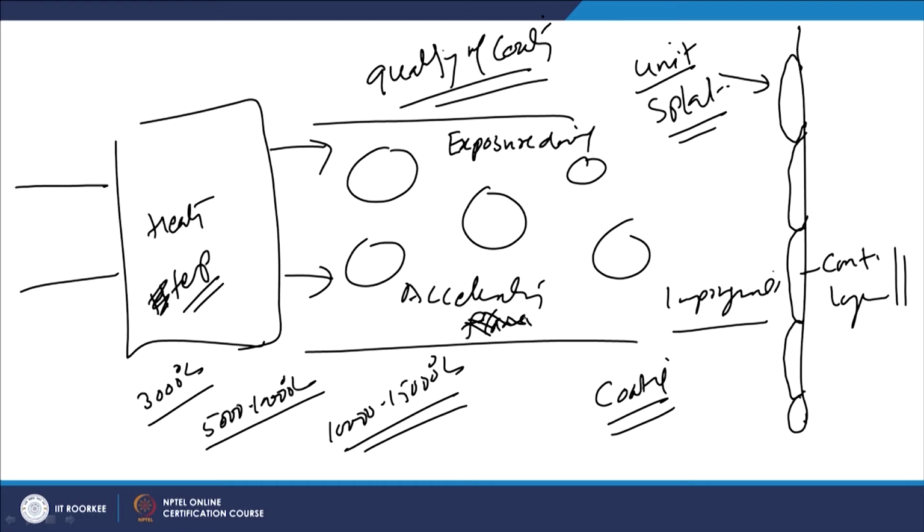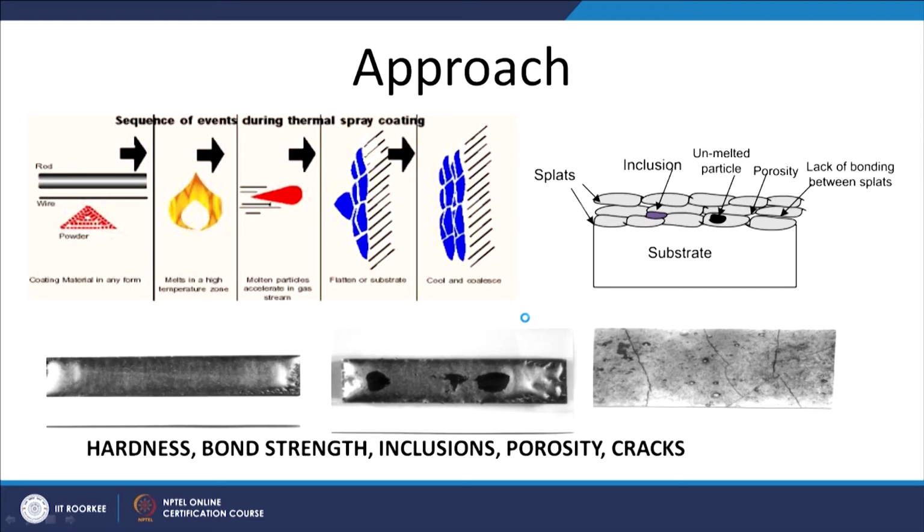So, if you have to see, this is what the scheme is like. The material may be used in the form of rods, wires, or powders, and this is subsequently heated using a suitable source of heat. This source of heat may be in the form of an arc, a flame or plasma, and then the material is accelerated towards the surface of the substrate.